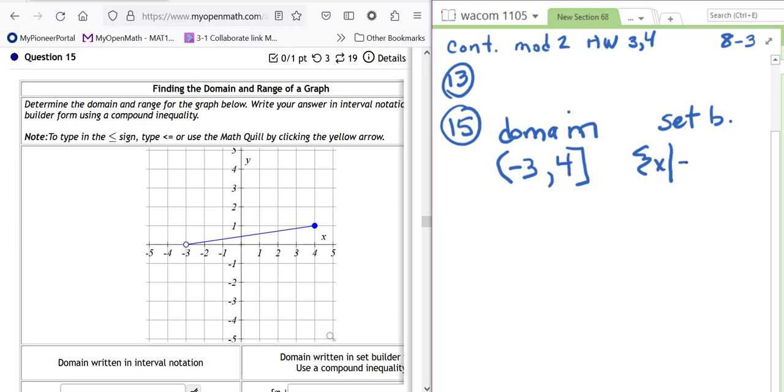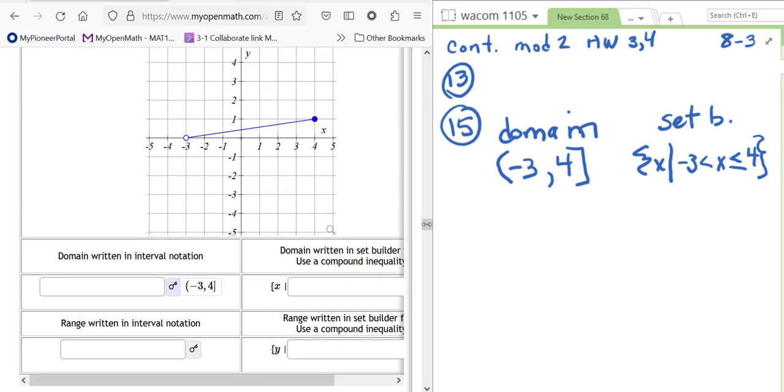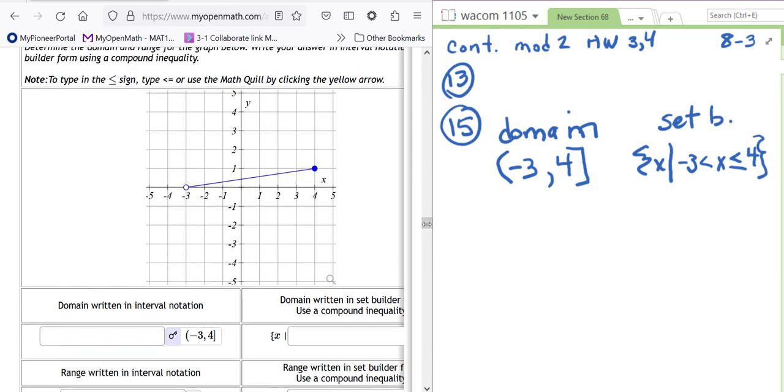So you're going to write your -3, but you're not touching it, so you're just going to use this symbol with no equals underneath. Your x goes here, and then this one you are touching, so that would be the 4. Right, so that should be our first answer, and we'll just look. -3 and 4.